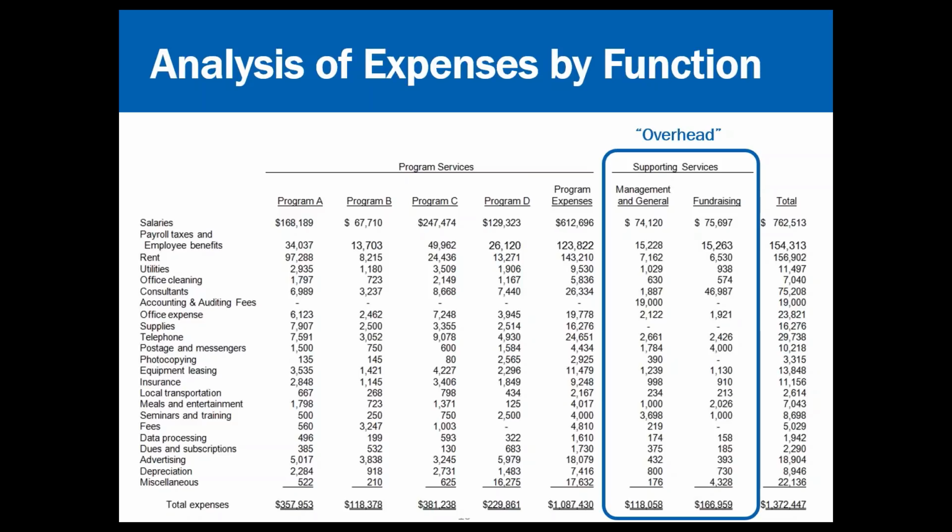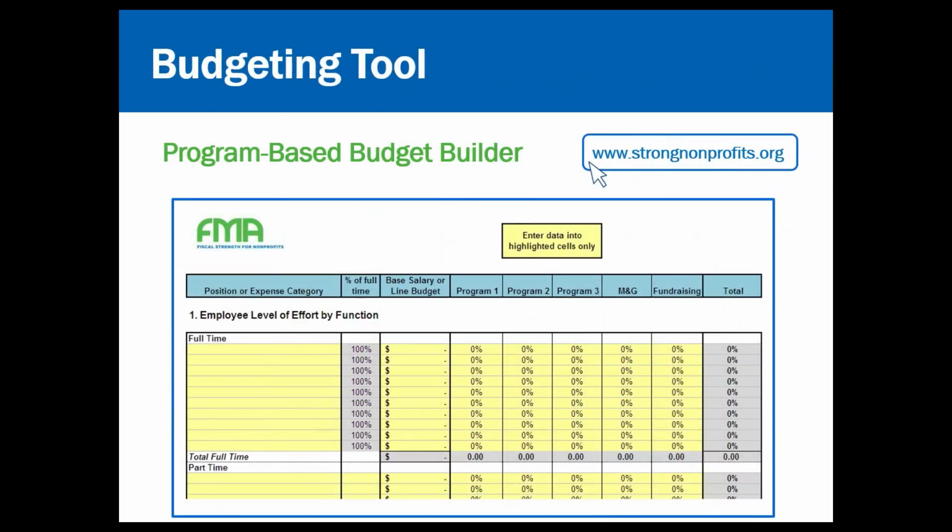But if we go to the next slide, if we need to take a step back, if we're not even at the point where we have that information that we can disclose, we can use something like this program-based budget builder, which is our second sort of bonus resource I had mentioned. This is available for free on strongnonprofits.org. This tool will help you think through allocations to those different functional categories.